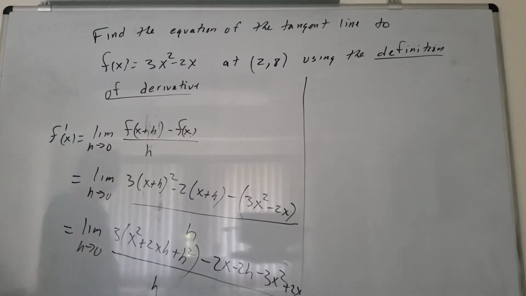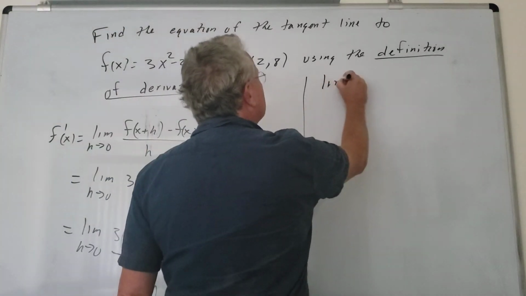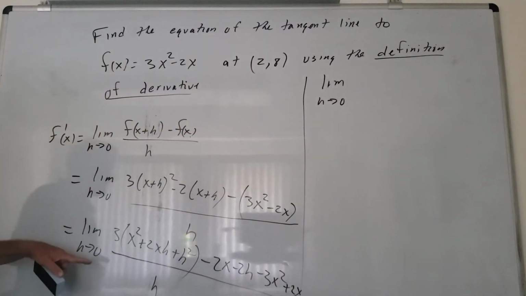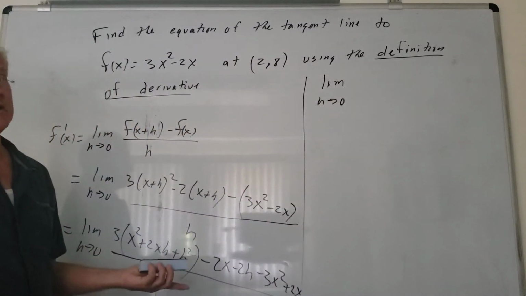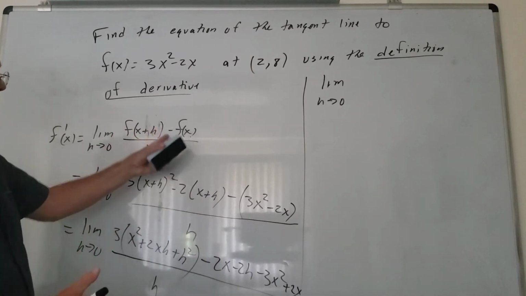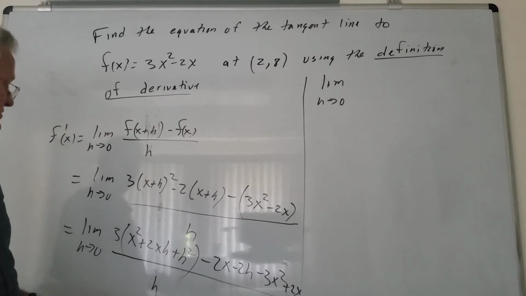All right, so distributing the 3, we get the limit as h goes to 0. Now notice, I'm carrying this limit notation along because I haven't taken the limit yet. All I'm doing is the algebra, simplifying this difference quotient.